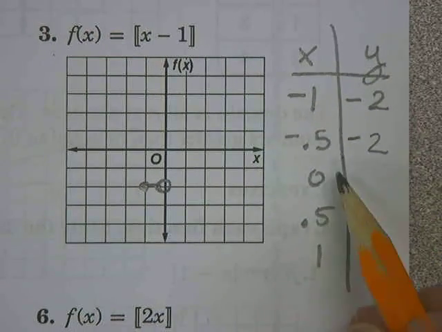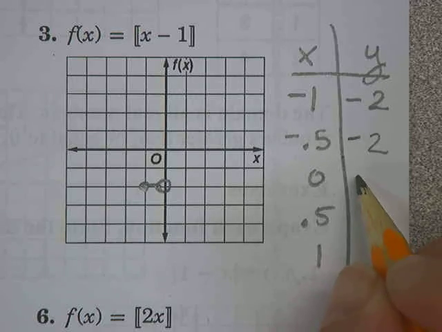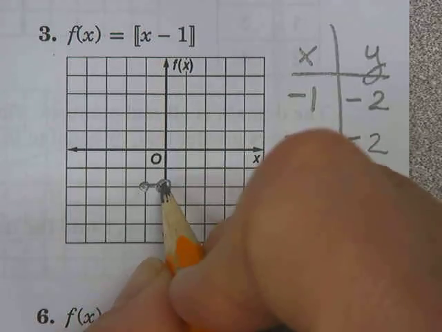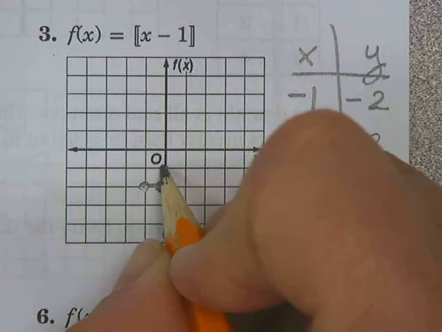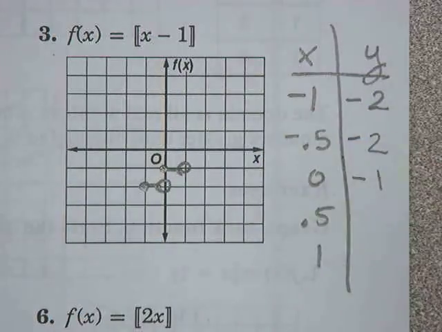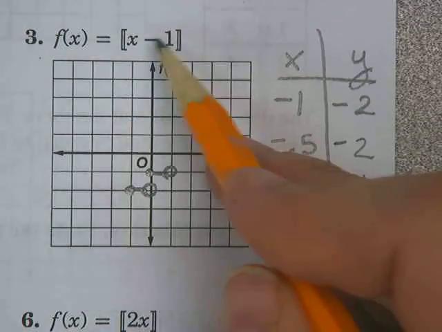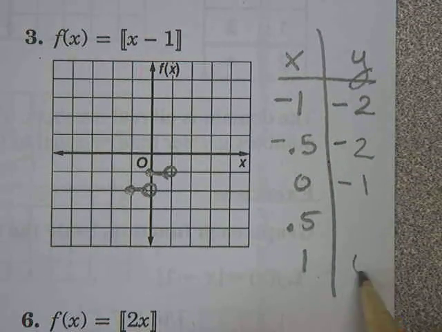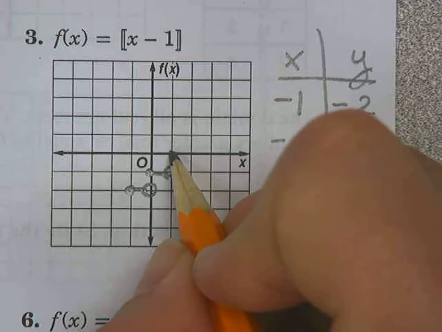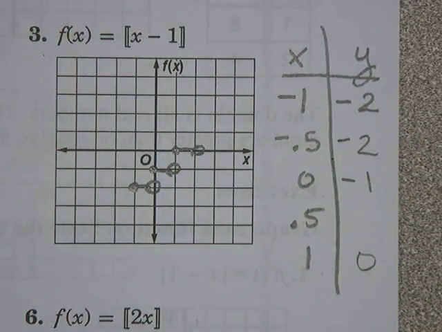Because when x is 0, 0 minus 1 is negative 1. The greatest integer less than or equal to negative 1 is negative 1. So it's going to hit at 0, negative 1. When we get here to positive 1, 1 minus 1 is 0. The greatest integer less than or equal to 0 is 0. So you can see that the steps begin to jump like that.